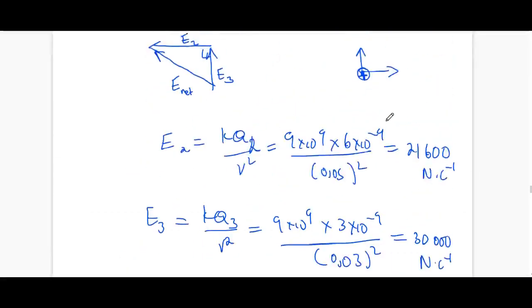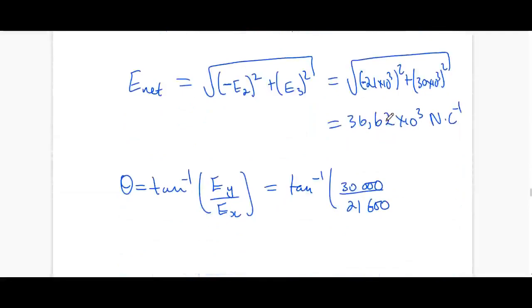Anyway, I think there's a mistake here, because 21,600 is 21.6 times 10 to the power 3.